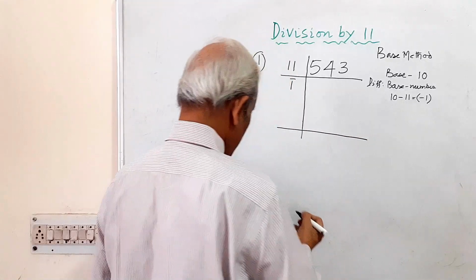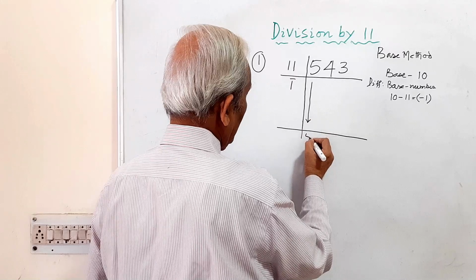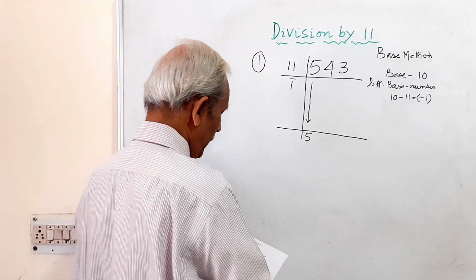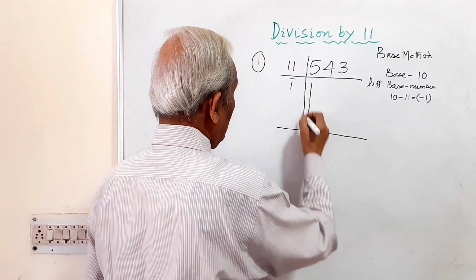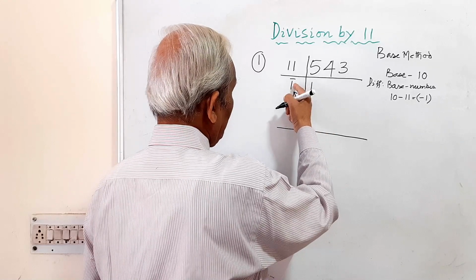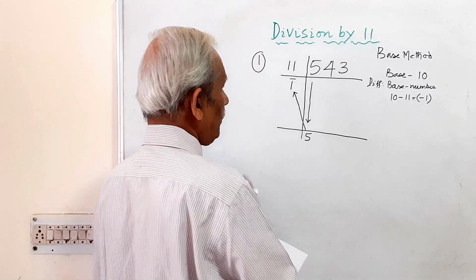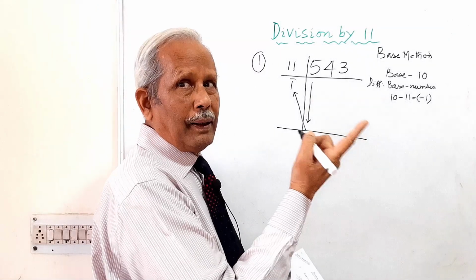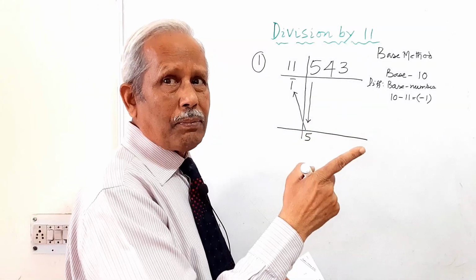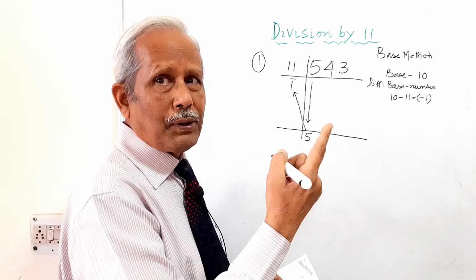So what you do is, first you just take down this number 5 here. Now multiply this 5 with this difference, 5 into 1 bar. 5 into 1 bar is 5 bar. Any positive number multiplied with a bar number converts into a bar.